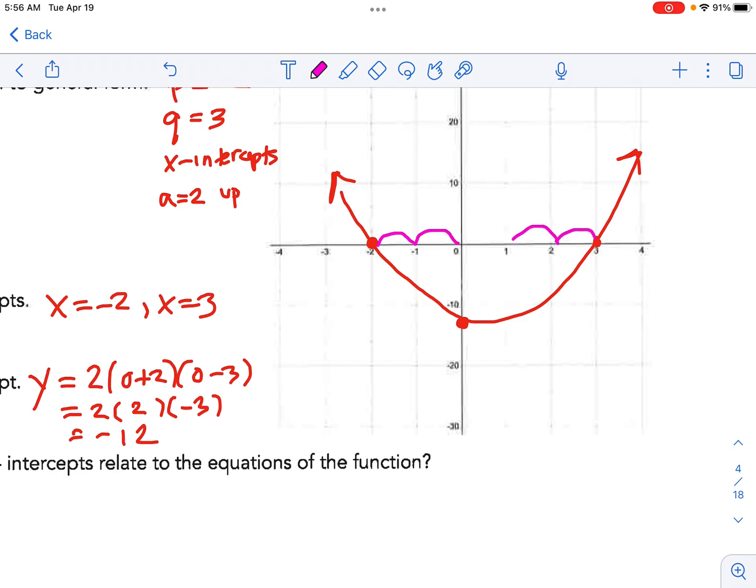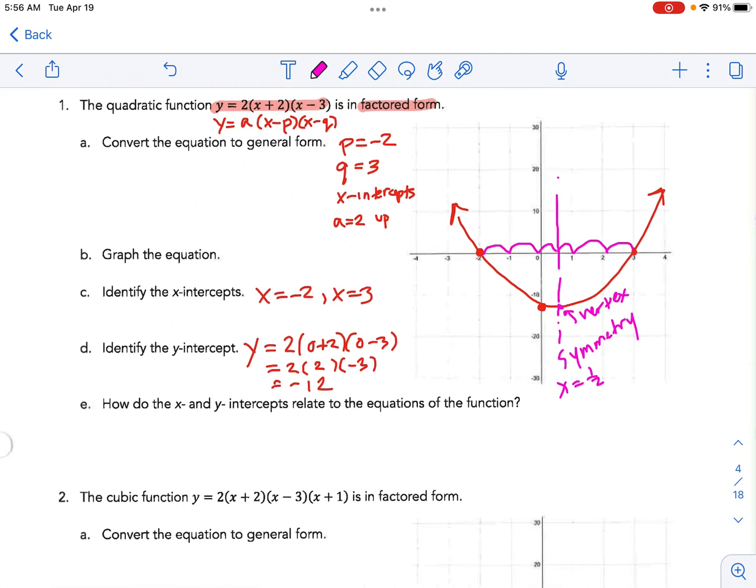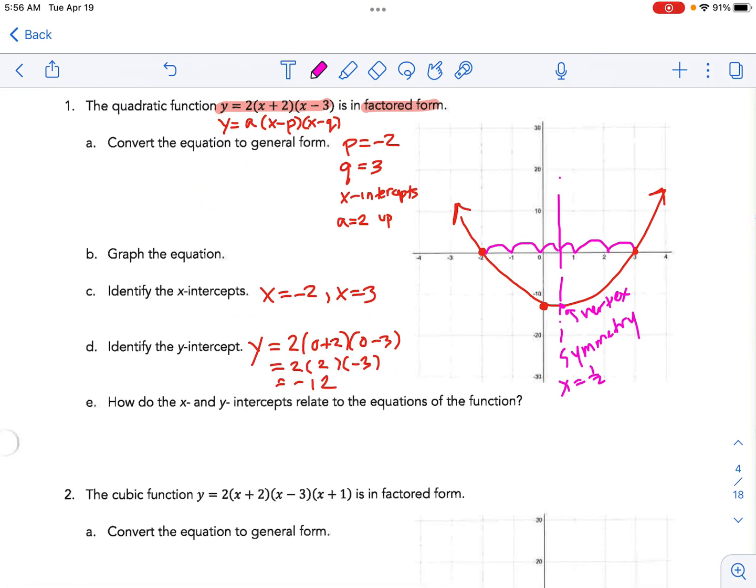If we go in 1 and in 1 and in 1 and in 1, then we have to go in a half and in a half. So here's the line of symmetry, and we know the vertex is right there. We just don't know the y-coordinate, and I don't care. We know the x-coordinate is x equals 1/2, exactly in the middle between 0 and 1. We could find the y-coordinate, but we're not going to.